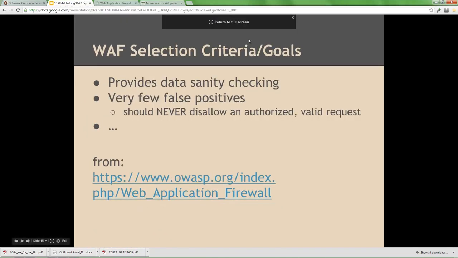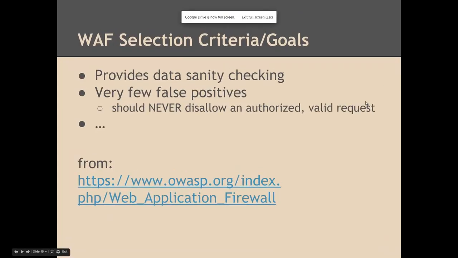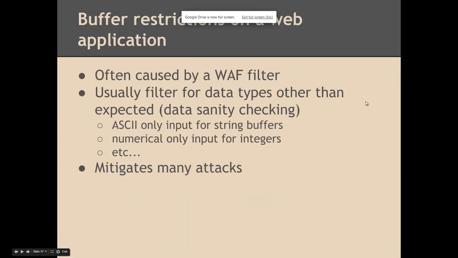And getting back to the lecture, I'll turn to full screen. So web application firewalls often impose restrictions on the various inputs to a form that's being processed by a web server.